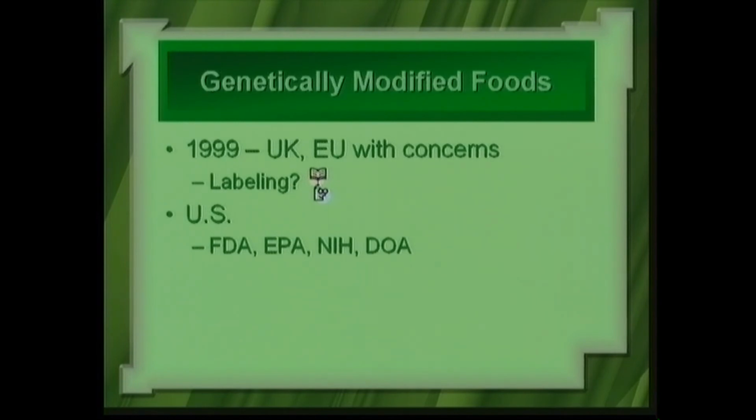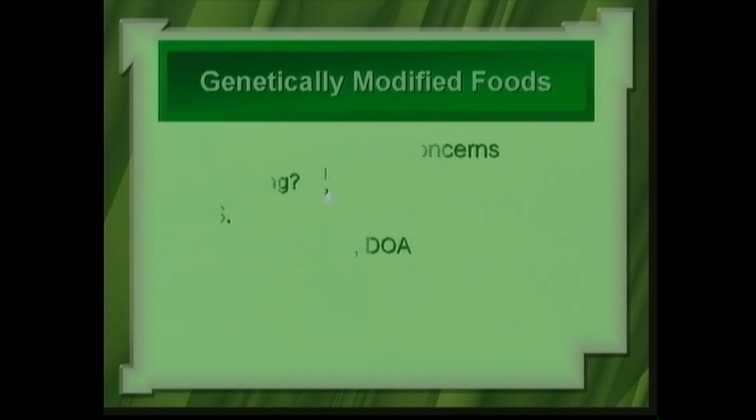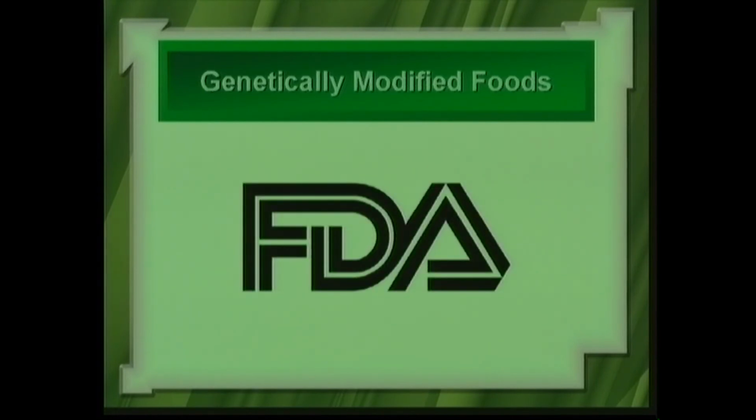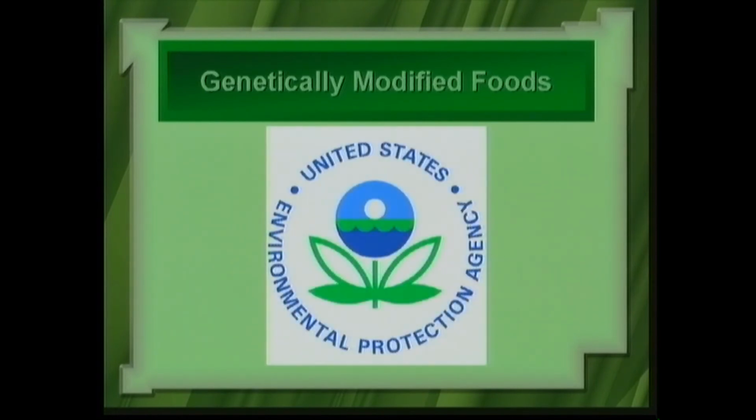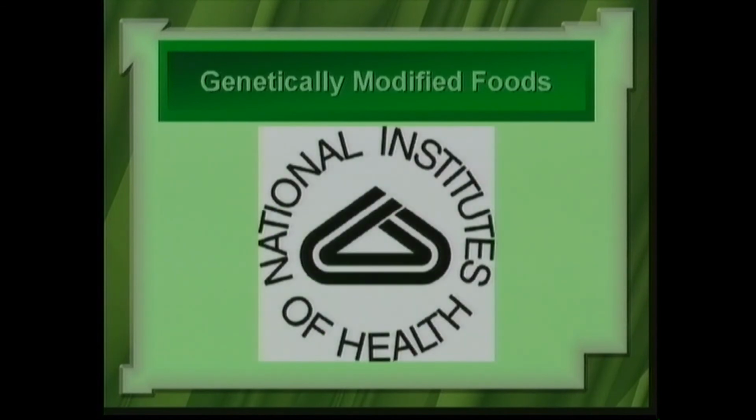And that doesn't mean dead on arrival. That means the Department of Agriculture, okay? So here we have the symbol for the FDA, the symbol for the EPA, okay? So these are the governmental agencies that have oversight over these issues. The National Institutes of Health, okay? I guess they're headquartered in Atlanta, Georgia, okay?